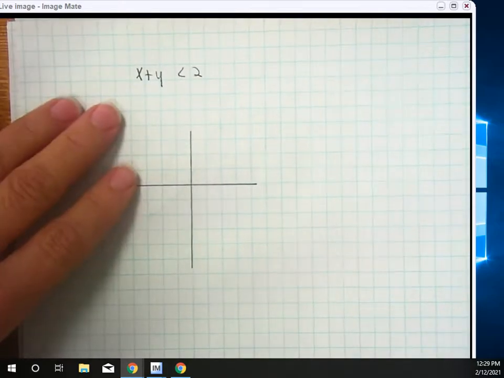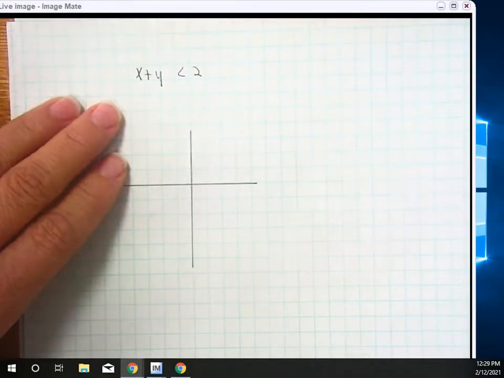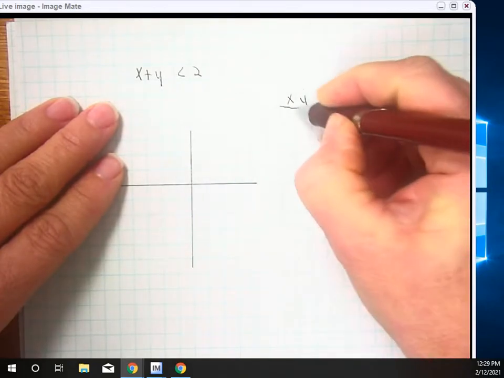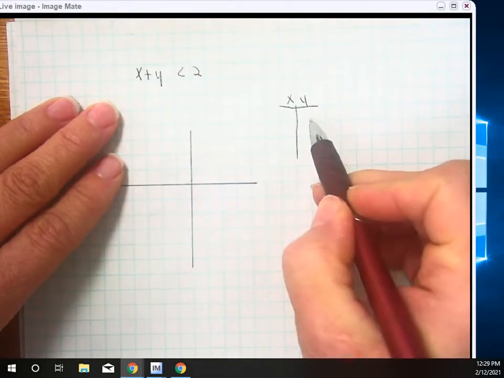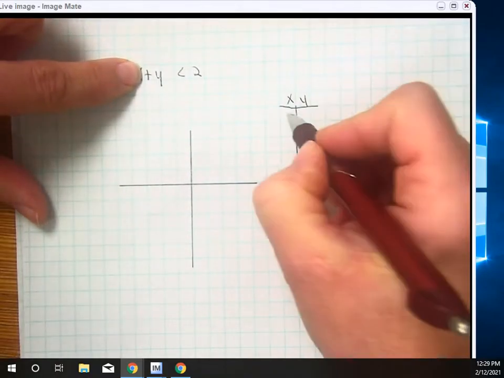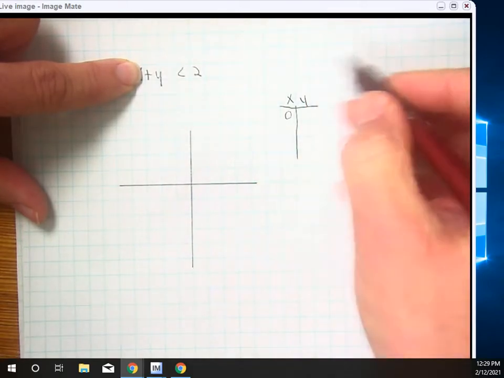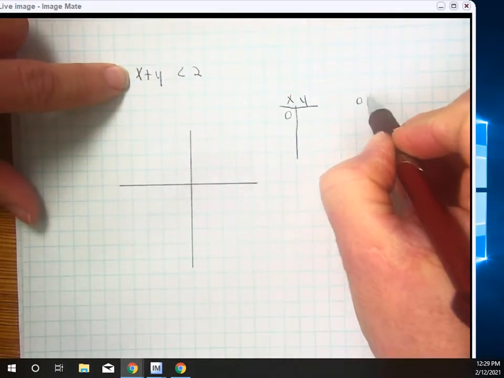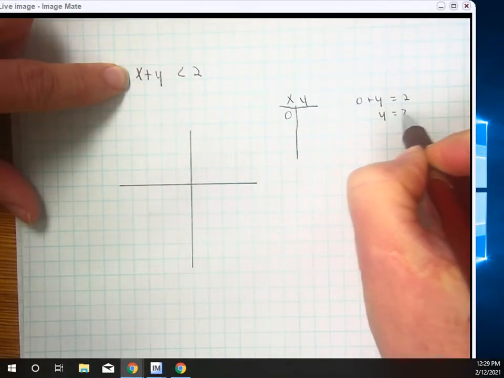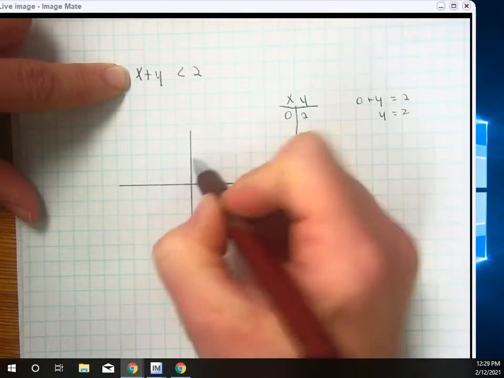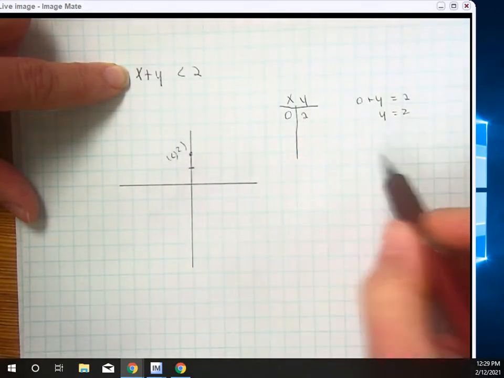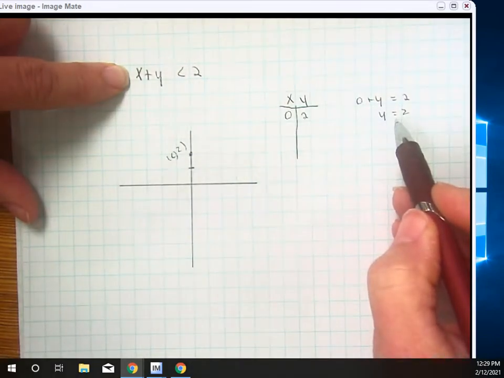To graph a line, you really only need 2 points. The third point we call a checkpoint. At this level of mathematics, we're just going to use the x- and y-intercepts. When you substitute a 0 in for the x, 0 plus y equals 2, so y equals 2 is the point on the y-axis, our boundary point.